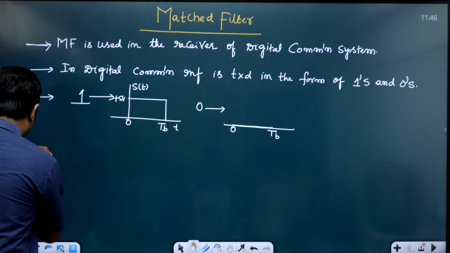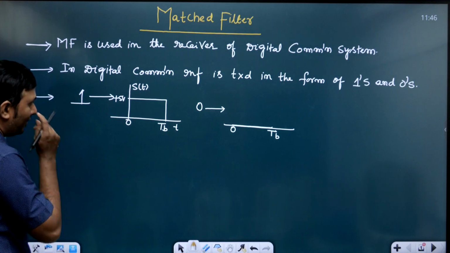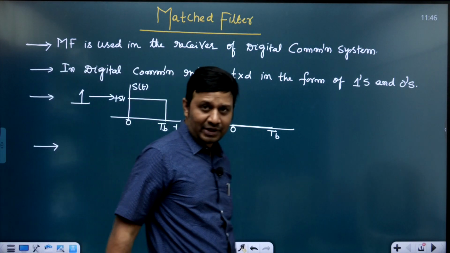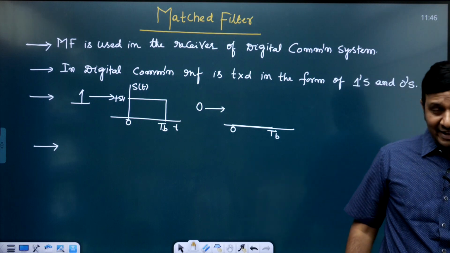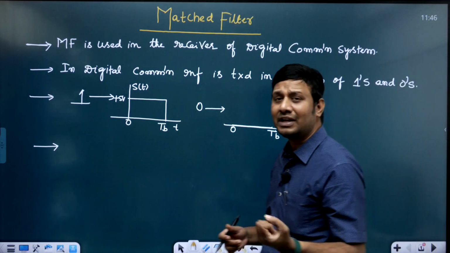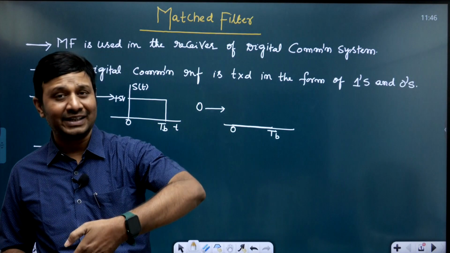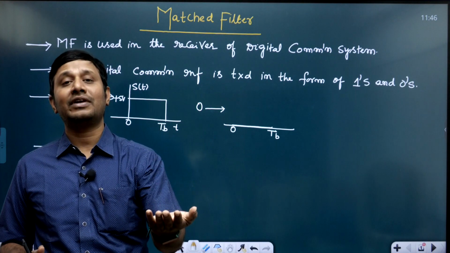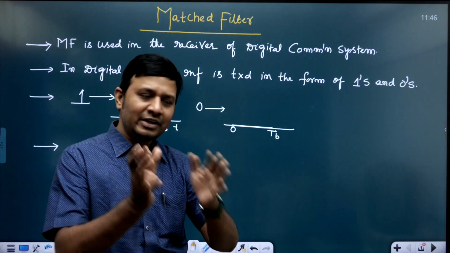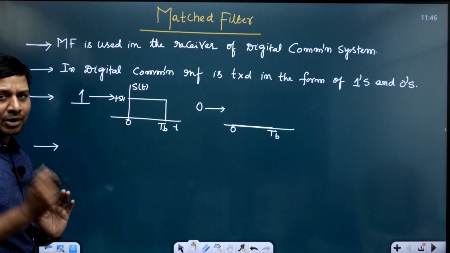Now, after this 1 or 0 reaches the receiver, how is the receiver going to make a decision whether a 1 is transmitted or 0 is transmitted? Now the receiver will follow a process like this.